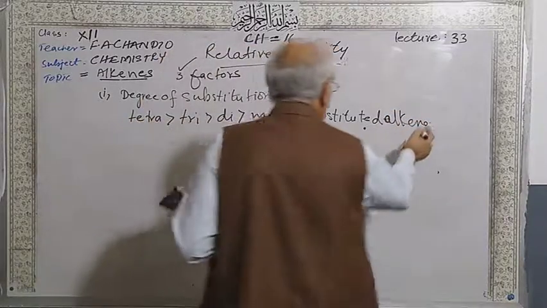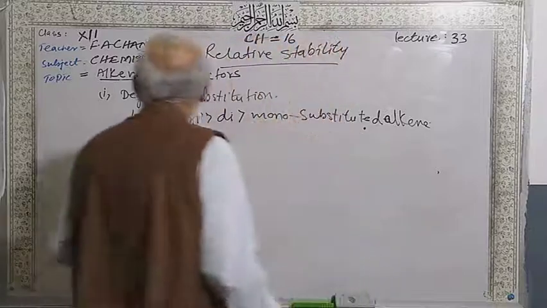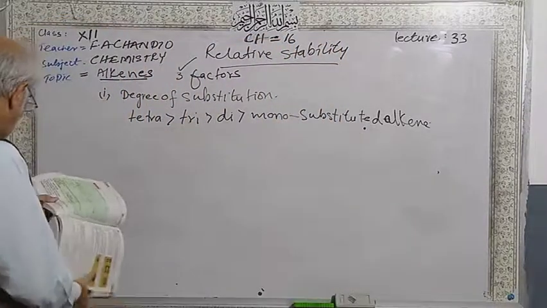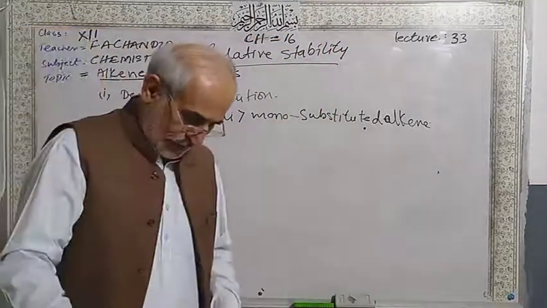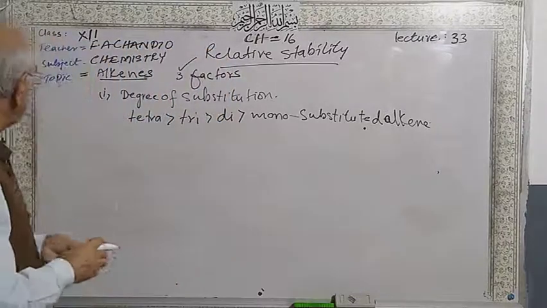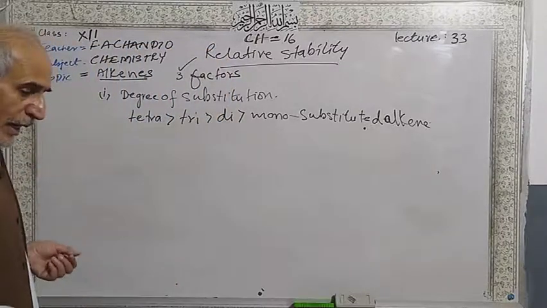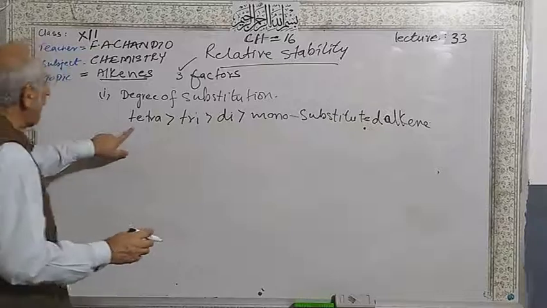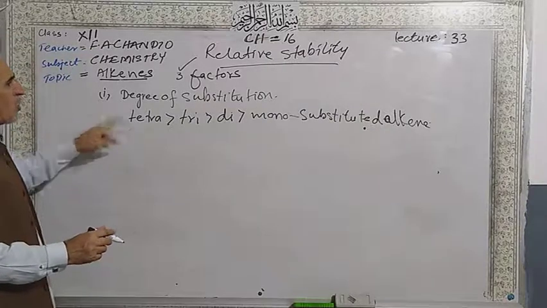This is the stability of alkenes. A highly alkylated alkene is the most stable.